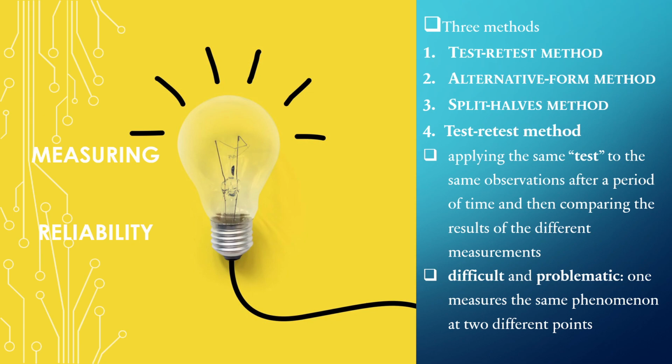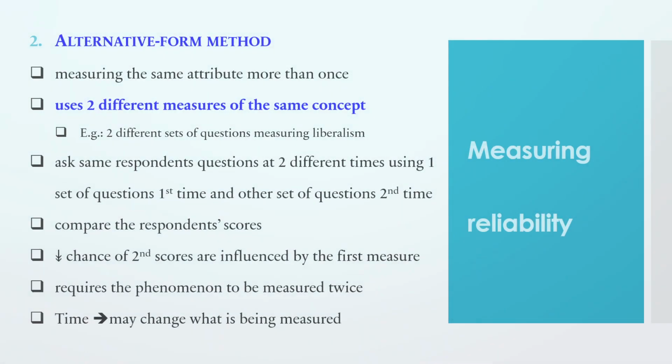When we talk about alternative form method, we are thinking about measuring the same attribute more than once, so 2 different measures of the same concept. An example is measuring liberalism. How can I know that someone identifies with liberalism or is politically liberal? You could ask them about their support for military spending.